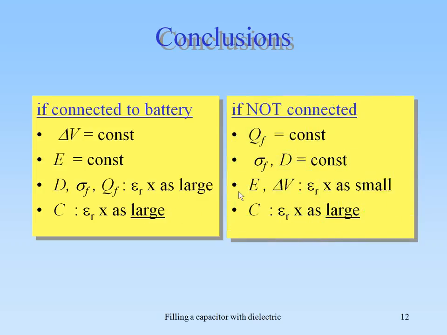If not connected to the battery, the charge will be constant, and this means that the sigma free and the D will remain constant. But the consequence is that the electric field and the potential difference will decrease, and since the potential difference will decrease, the C will increase, so the C will be larger. And this is the end of the talk.